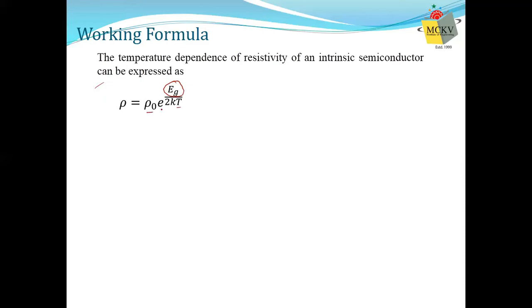Rho naught is a constant which depends on the material. So if we try to plot this resistivity with temperature, it will look like this. You observe resistivity decreases exponentially with temperature. If we increase temperature, then resistivity decreases for a semiconductor, and it should, because think of a semiconductor.